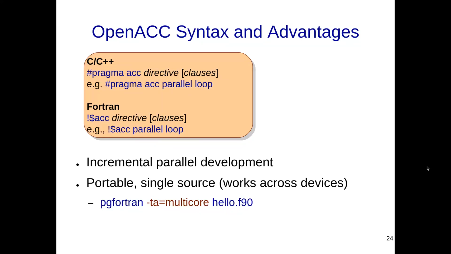If I add -ta=multicore, that particular code will start running in parallel on the CPU. If I specify -ta=tesla or -acc, that is going to generate parallel code from the same source code in hello.f90 to be running on the GPU.